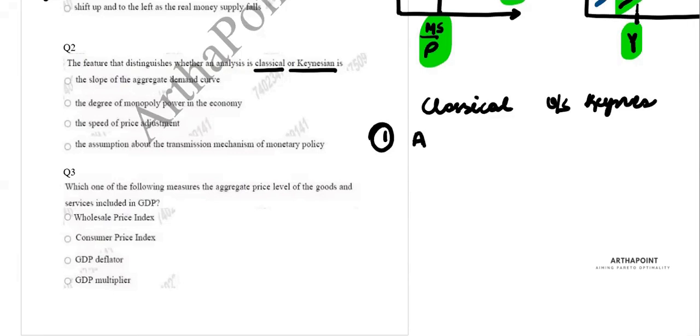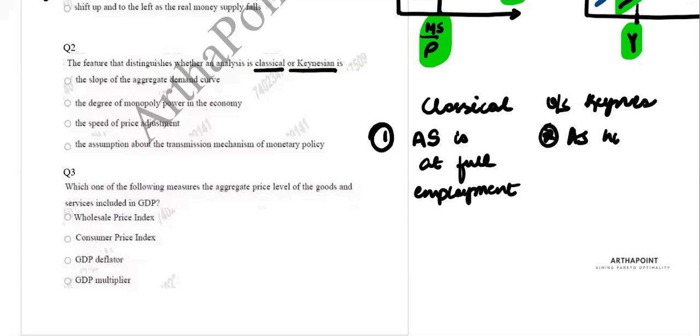So the classical economists always believed that the AS curve is at the full employment level. This is what they believed. Whereas Keynes believed that no, the aggregate supply is horizontal.